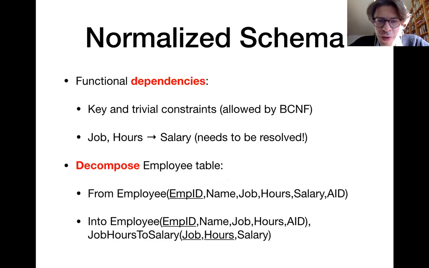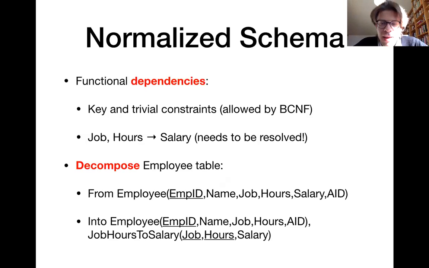There's a couple of key constraints. And here perhaps we can assume that if somebody works in the same job and the same number of hours, then the salary will always be the same. So if we impose that, then we get one constraint which violates the conditions for Boyce-Codd normal form in the employee table, where so far we have stored the job, hours and the salary.